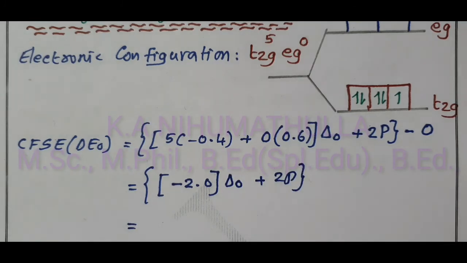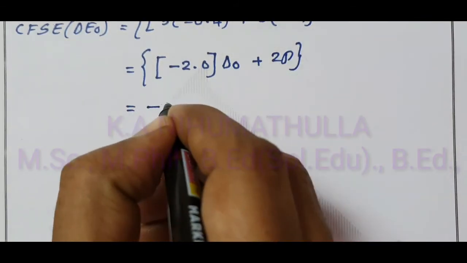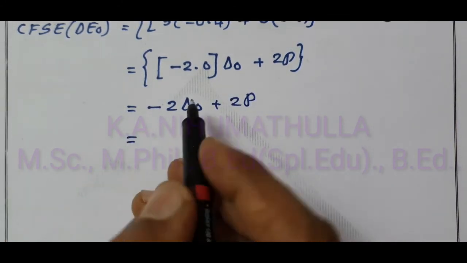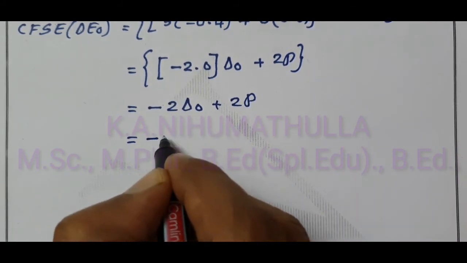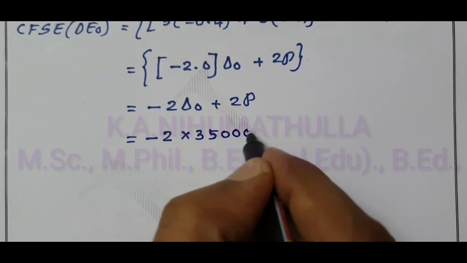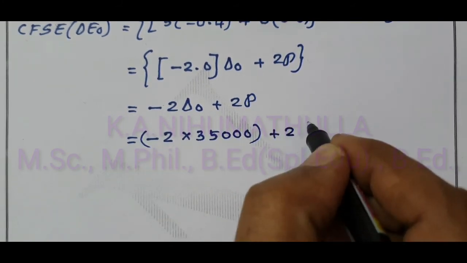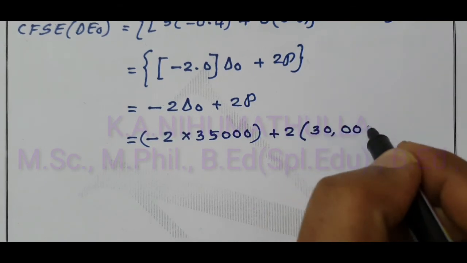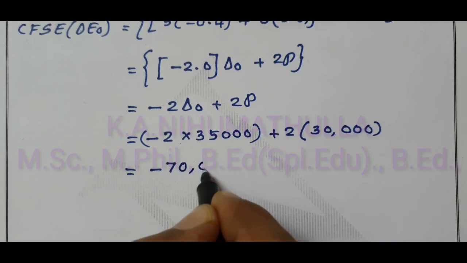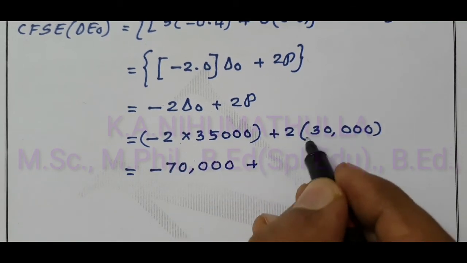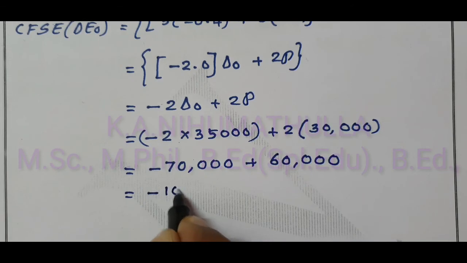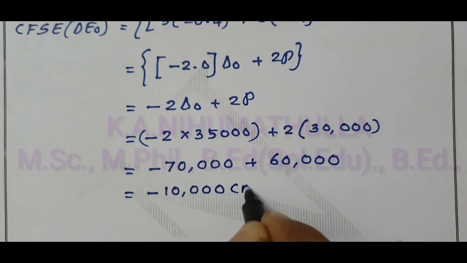That is equal to minus 2 into delta O plus 2 into P. Using the value of the octahedral crystal field splitting energy given in our problem, delta O is 35,000, plus 2 into the pairing energy, which is also given as 30,000. 2 into 35 is minus 70,000, plus 2 into 3 is 6, plus 60,000, will give the answer minus 10,000 centimeter power minus 1.